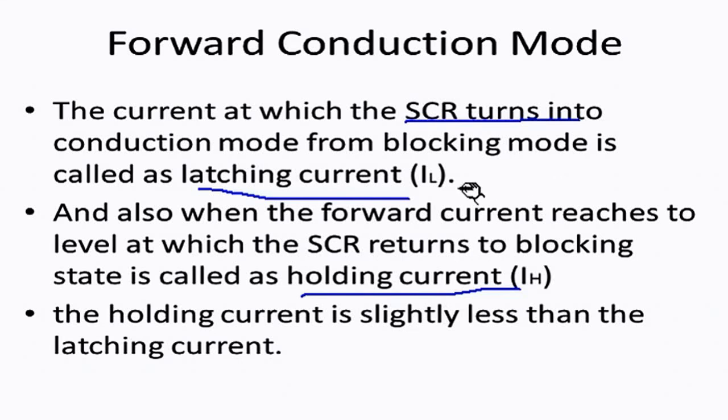So latching current is the minimum current required to ensure turn on, whereas holding current is the minimum current below which SCR turns off. So here holding current will always be lesser than latching current. This is also an important point to be remembered.